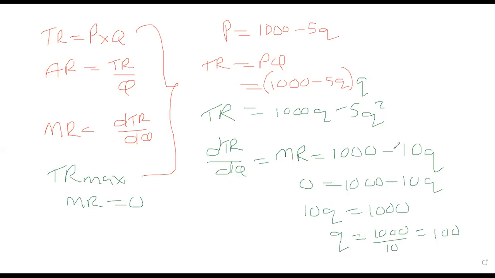Okay, so since we found our Q, to find our P, where there's Q, we put our 100. So this will be 1000 minus 50. So meaning our P will therefore be equal to 950. So this is how we find the price.